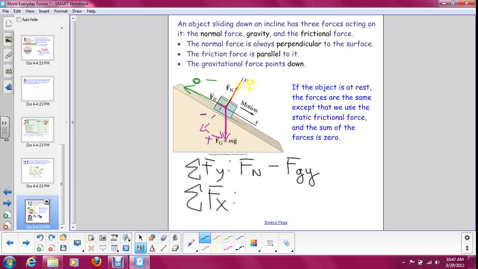We still have a positive force of gravity in the X, but now we have a negative force of friction. So anytime you do an inclined plane problem like this, make sure you have all four of these forces. You need normal force, Y component of gravity, X component of gravity, and the frictional force.